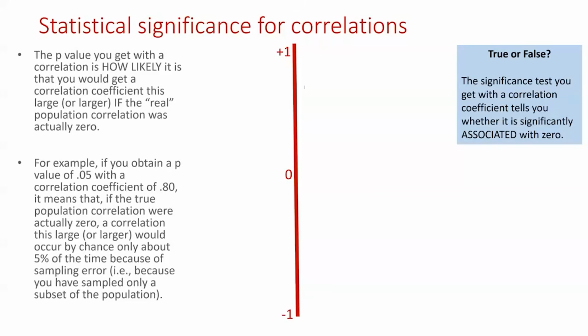So, for example, if you obtain a p-value of 0.05, with a correlation coefficient of, say, 0.8, it means that if your true population correlation was 0, a correlation this large or larger, you would only get about 5% of the time due to sampling error.